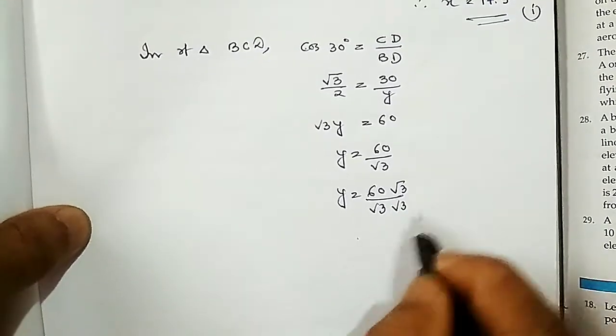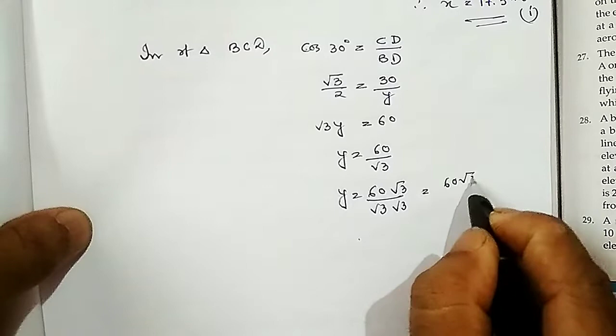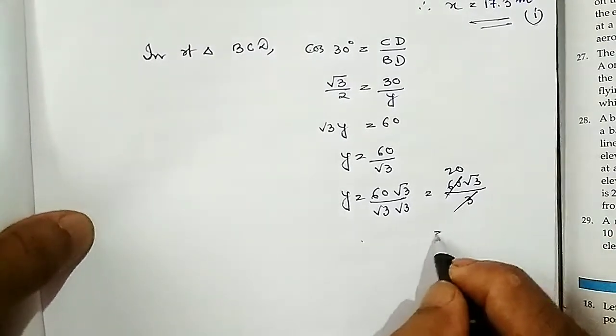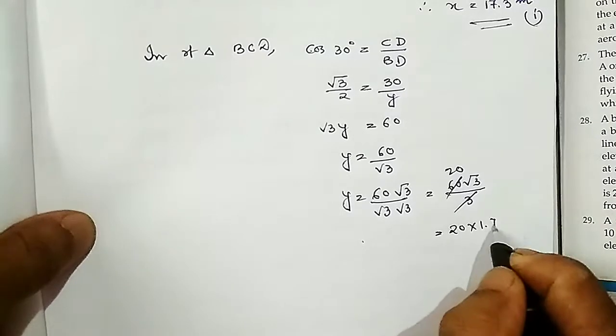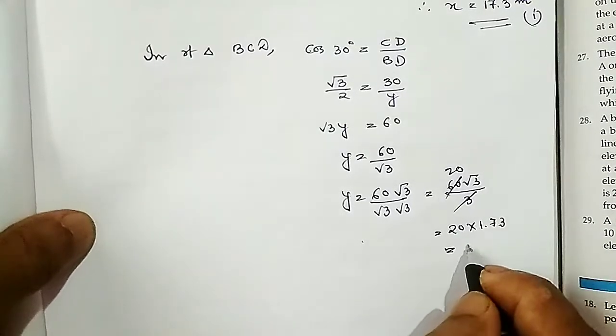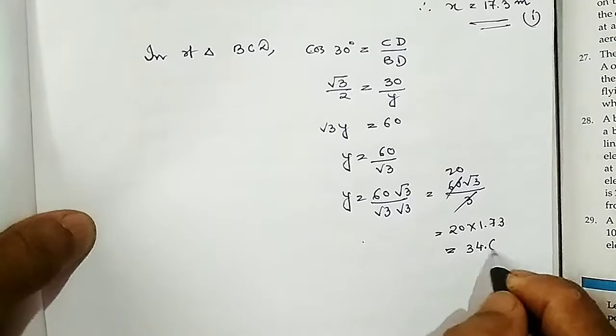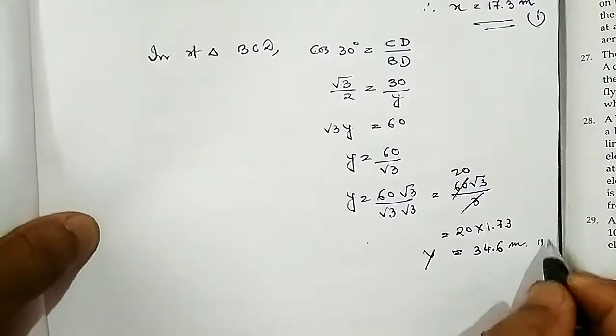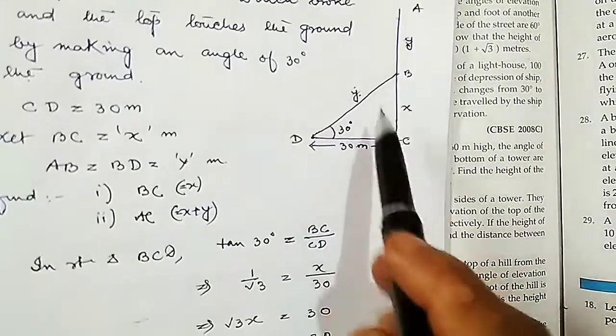It will be 60 root 3 by 3, that is 20 root 3. Now root 3's value we know is 1.73. If I multiply, I am going to get 34.6 meter. So this is y. This is equation 2. Now we have to find two things. One is x, another is x plus y.